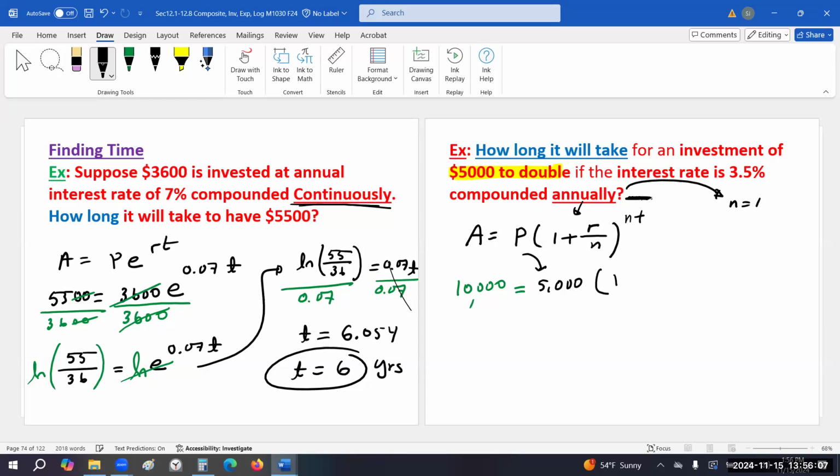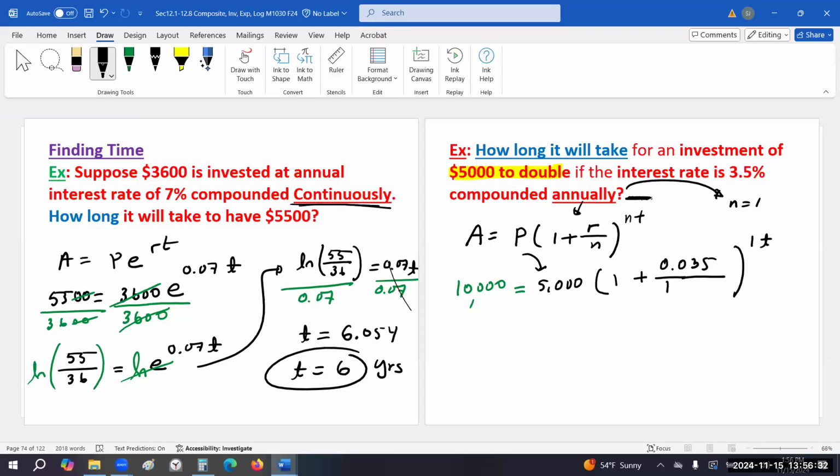If we invest with the interest rate 3.5%, 3.5% becomes what in decimal? 0.035. We are compounding only once a year, so 1 times t.